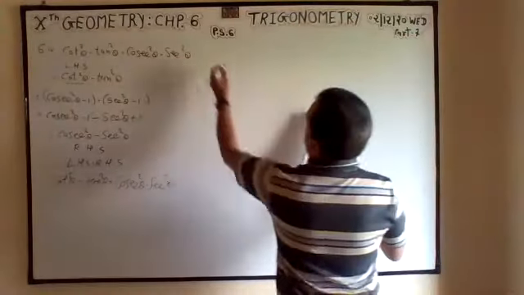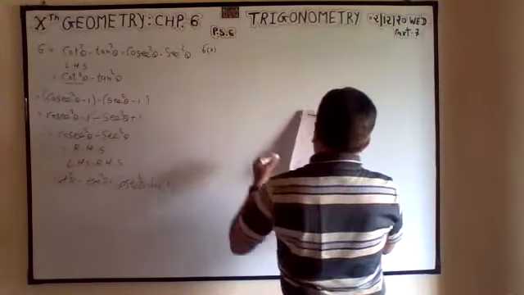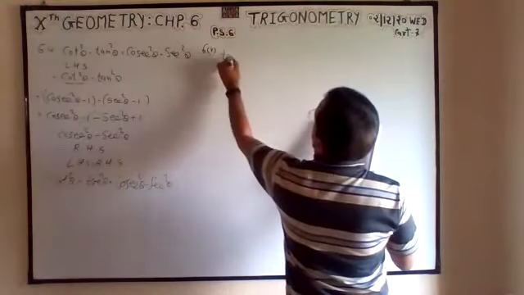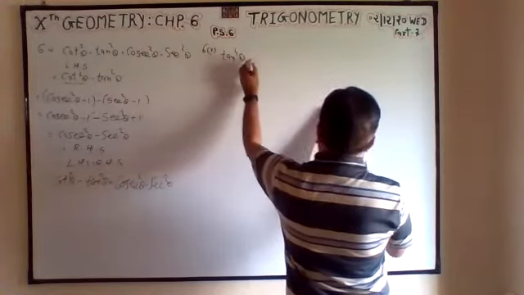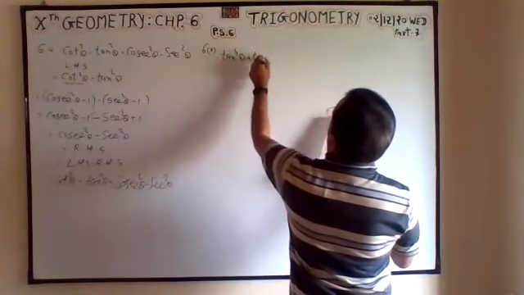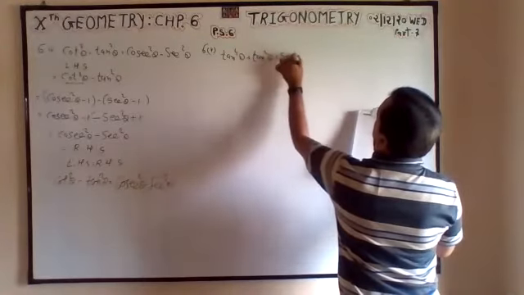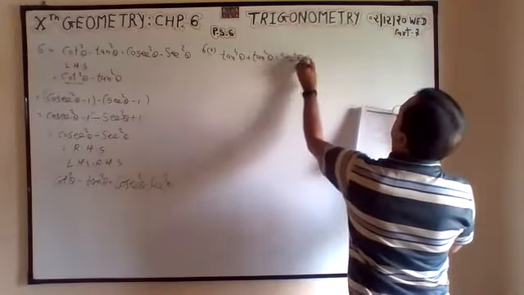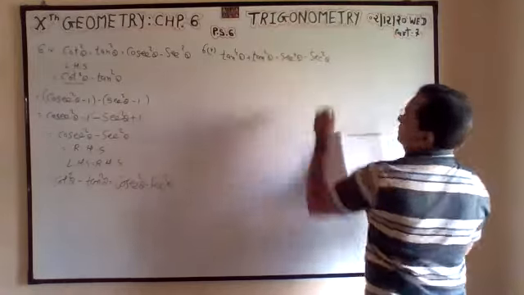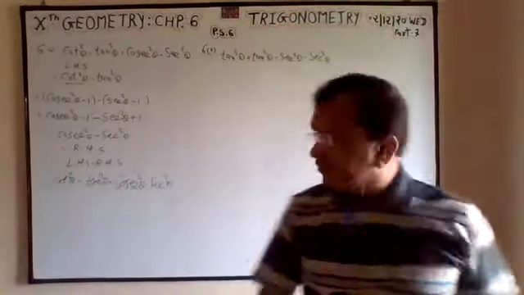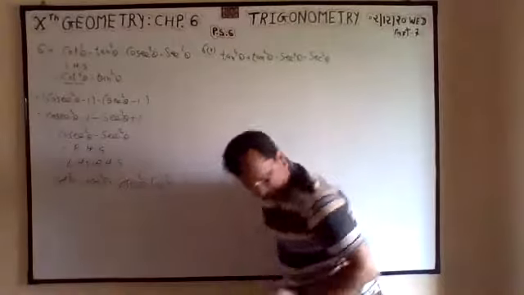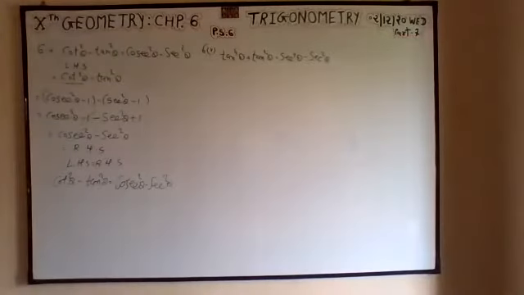Next one, 6/5, that is tan raised to 4 theta plus tan square theta is equal to sec raised to 4 theta minus sec square theta. Here which I have applied, that you have to write.